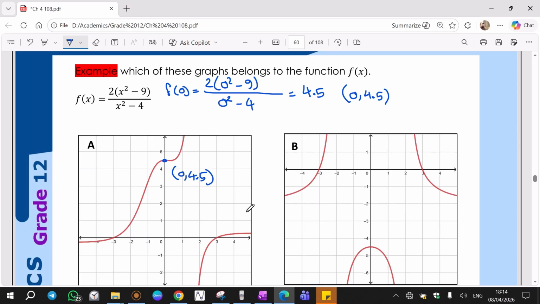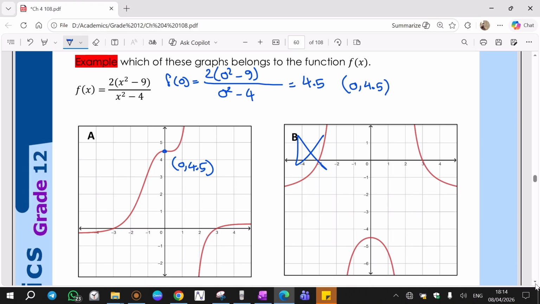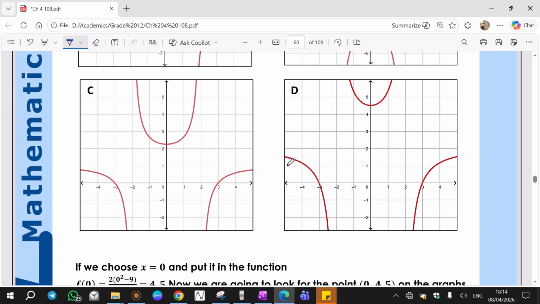So option A stays. But 0, 4.5 is not on the graph of B. This is negative. I have positive. B is directly out. 0, 4.5 is on the graph of D. So option D stays in the competition, while option C is out because 0, 4.5 is not on the curve.